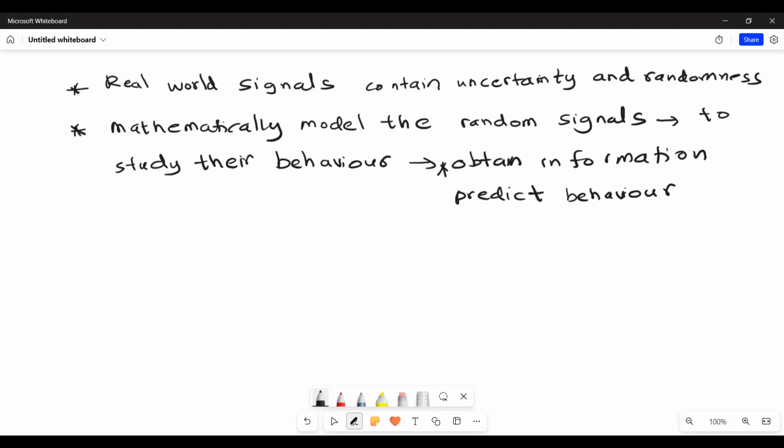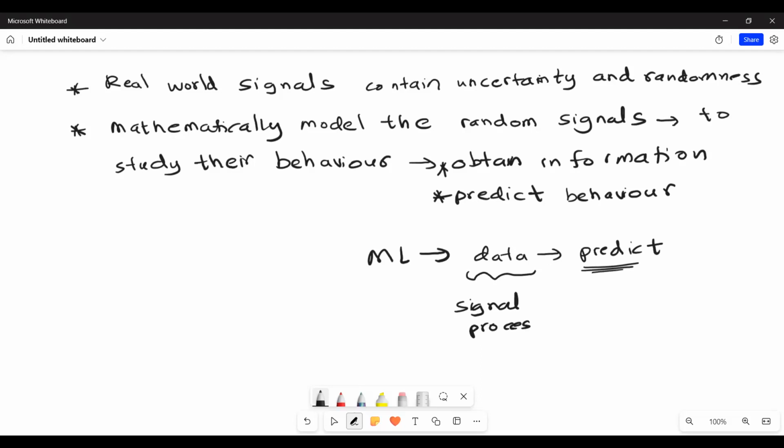So I think you have heard about machine learning. Machine learning is a technique where we can use data to predict some kind of output, right? The generation of data that we need to do the prediction can come from signal processing. From signal processing, we can obtain the useful data from which we are doing the prediction.